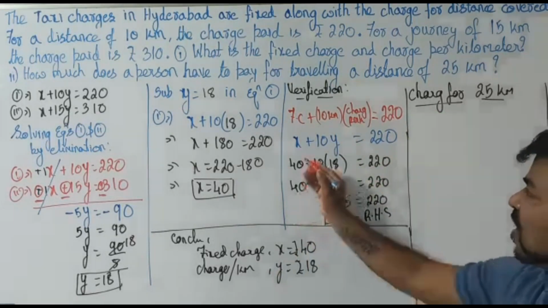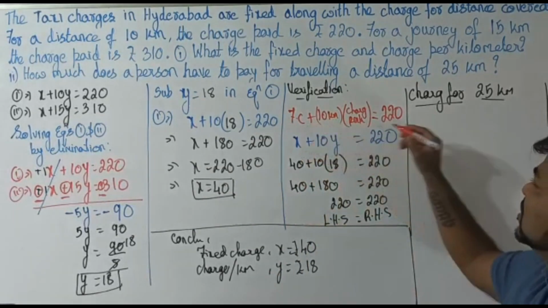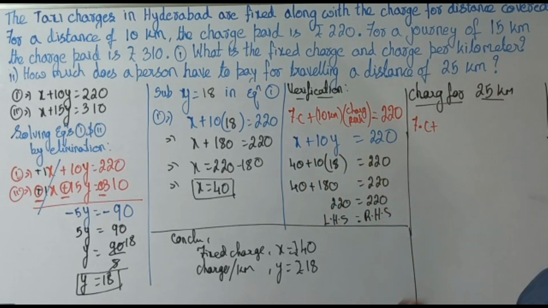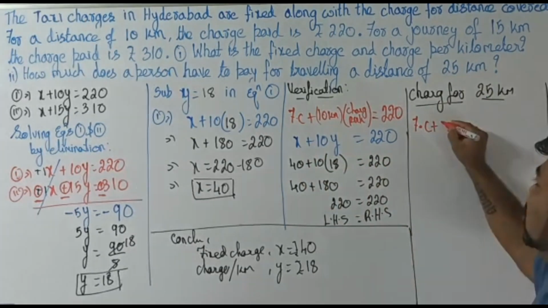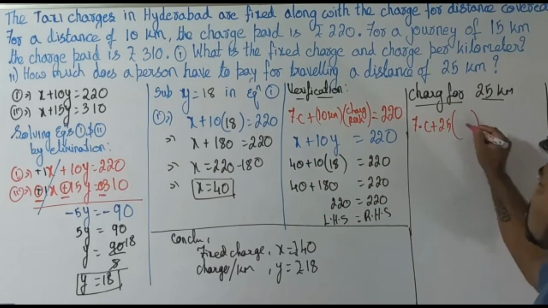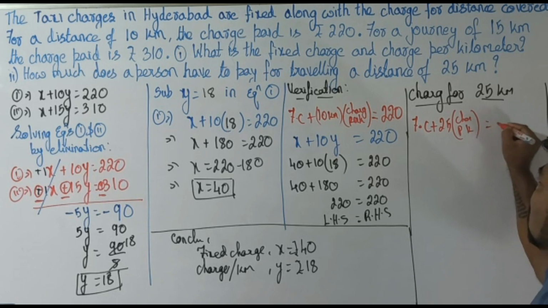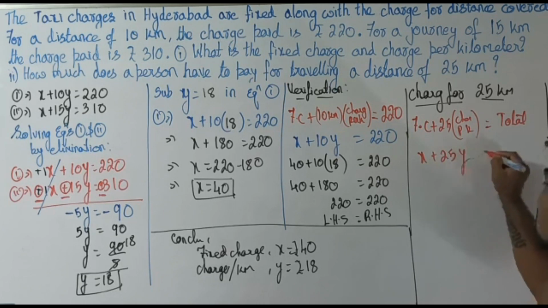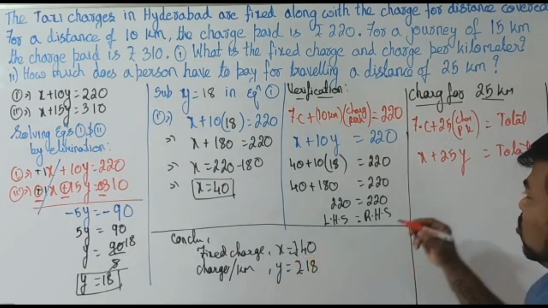So, what is the formula we are considering? Fixed charge plus how many kilometers he is talking about? 25. 25 into charge per kilometer equals the total, which we don't know yet. So we call it x plus 25y equals the total. How much are we taking?